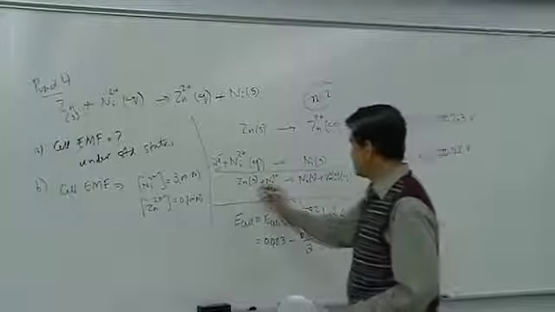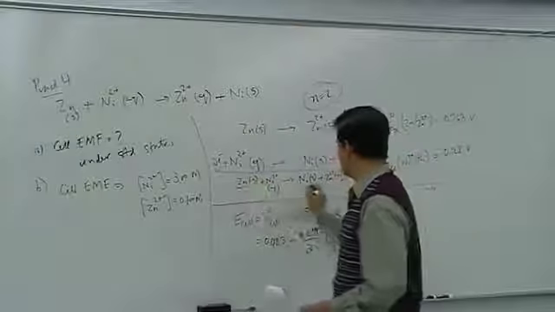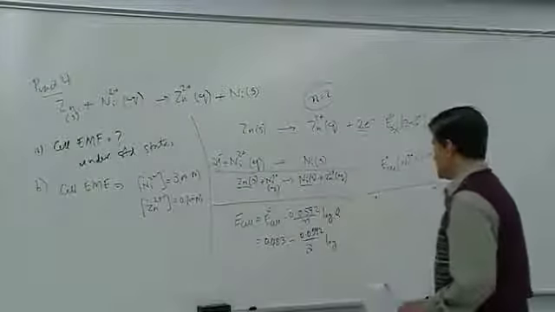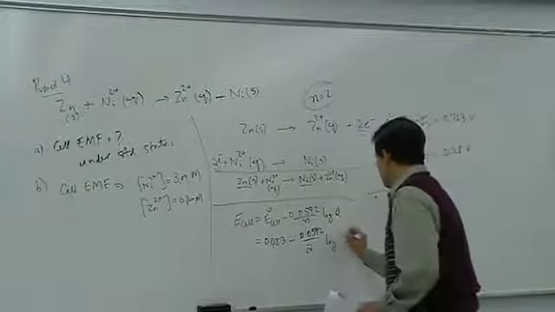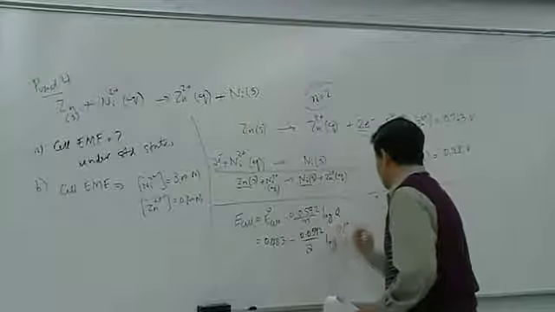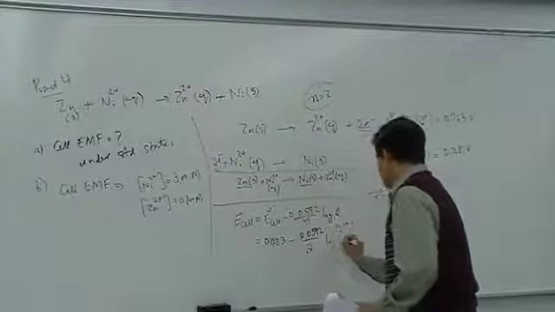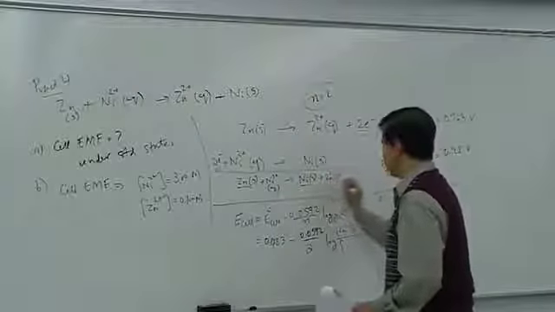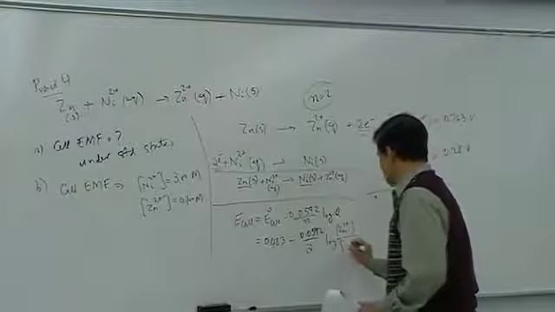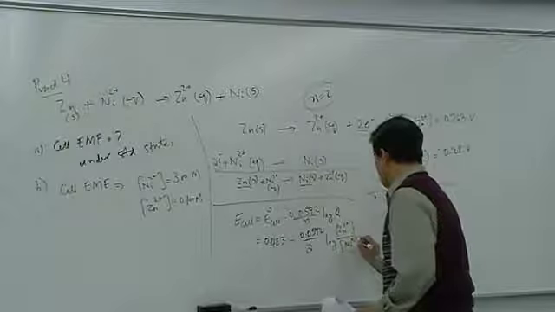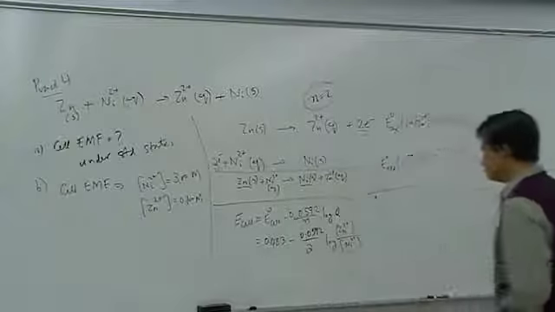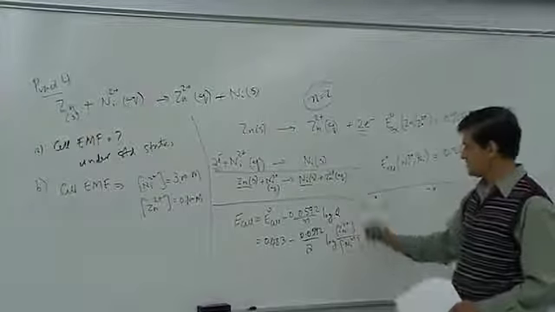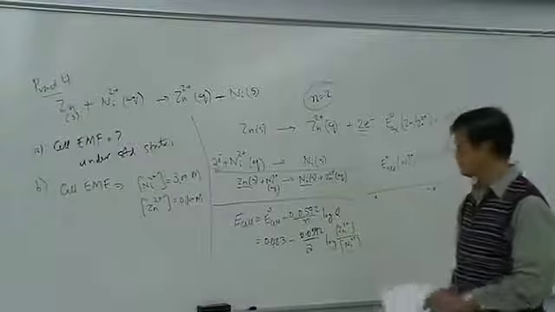Now, this is the heterogeneous equilibrium, so I'm going to ignore these 2 solids. So I'm only going to write down zinc concentration on the top and nickel concentration on the bottom, because this is product, that's the reactant. Nickel 2 plus on the reactant side. These are all raised to the power 1 because this is a 1 and 1 reaction.